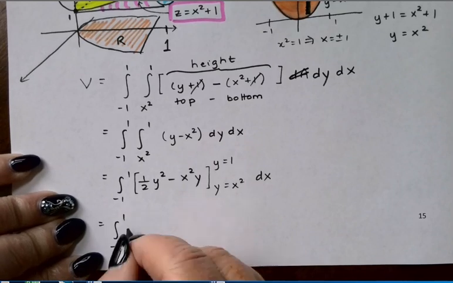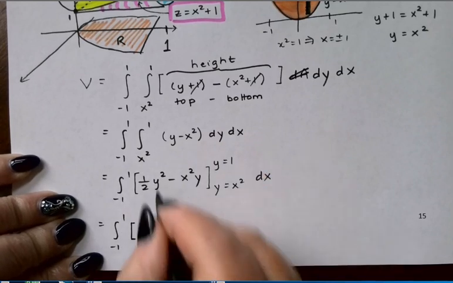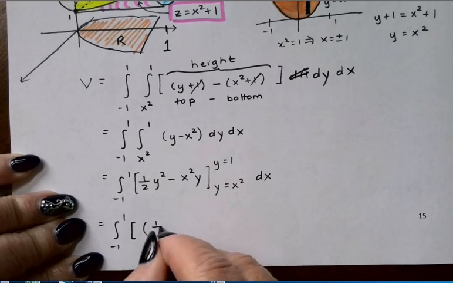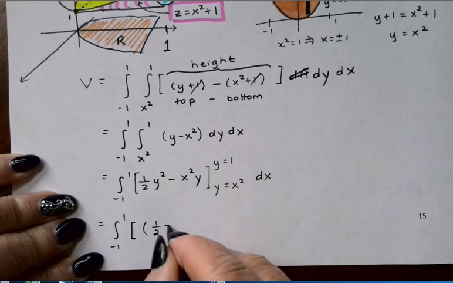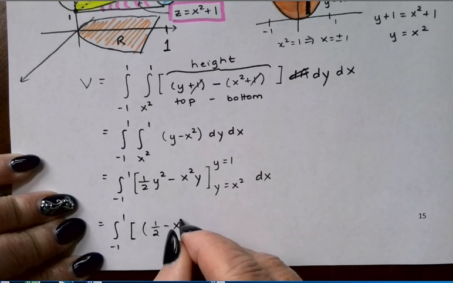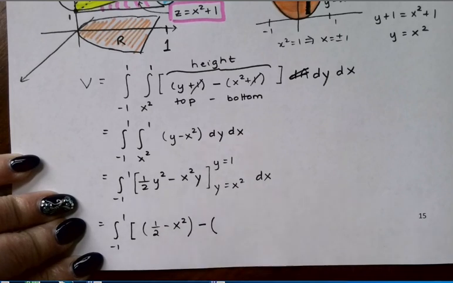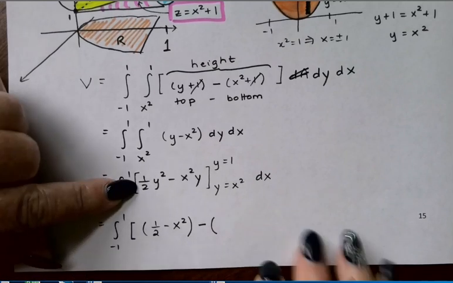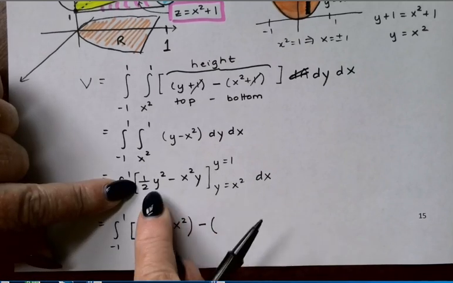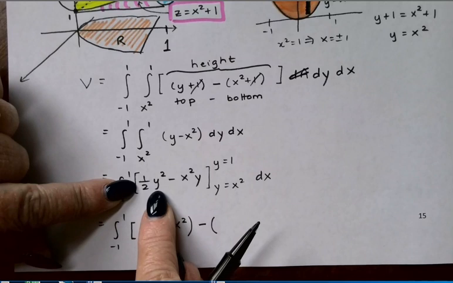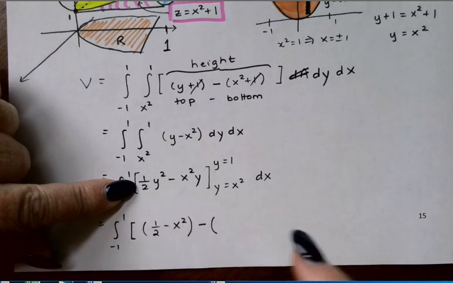Plugging in y equals 1 first, I would have 1/2 minus x squared times 1, or just x squared. Subtract, plugging in x squared for y. X squared squared will make that a 1/2 x to the 4th.